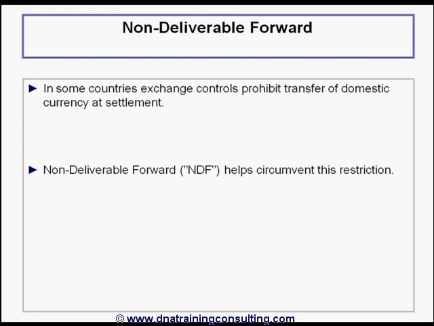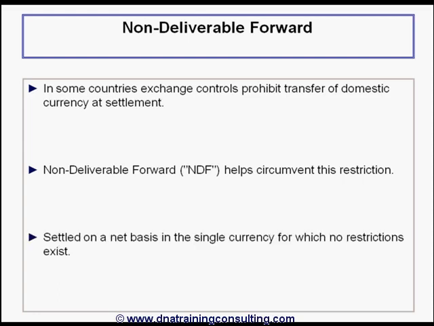While a regular forward normally involves a physical transfer of currencies between counterparties on the settlement date, the NDFs are settled on a net basis in the single currency for which no transfer restrictions exist.